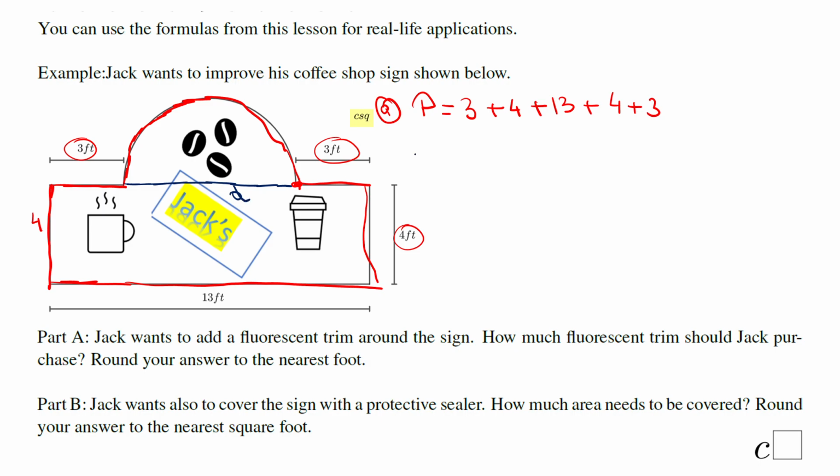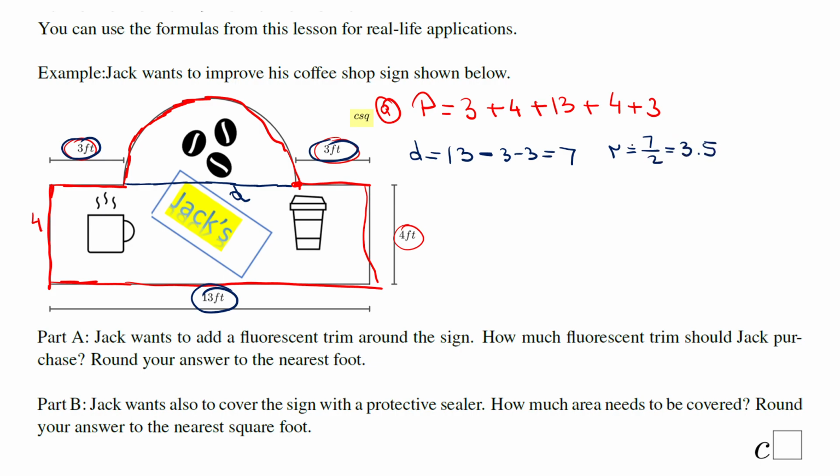And that diameter will be nothing else than this 13 minus these 2 3's. So 13 minus 3 minus 3, and that will be 7. That is how much the diameter is. The radius will be half of that, 7 over 2, or 3.5.